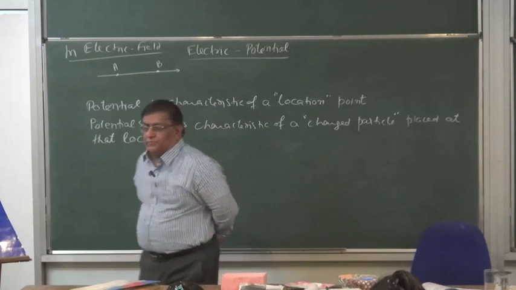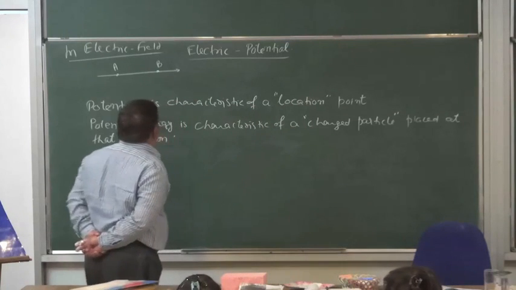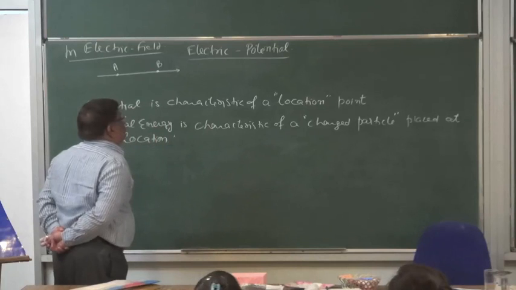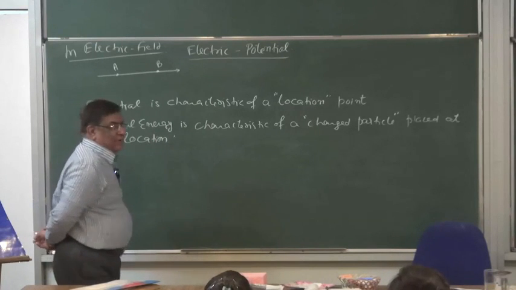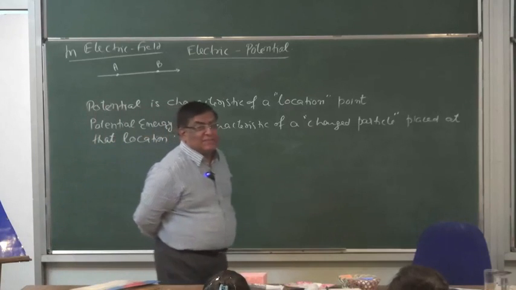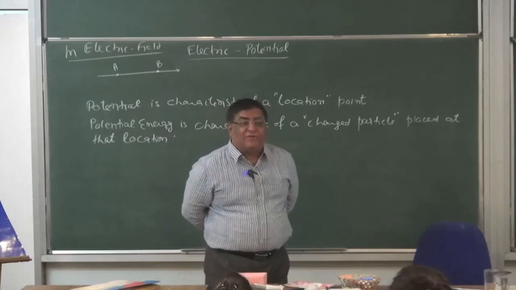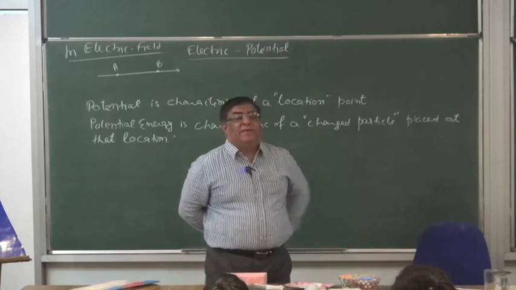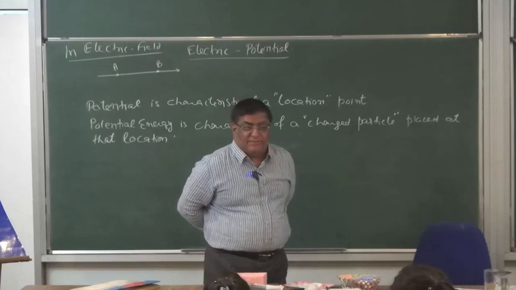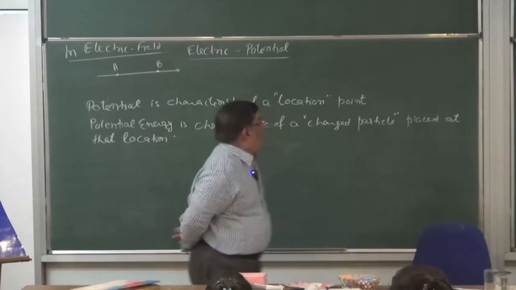Now, potential is a characteristic of a location, a point, which tells us what? That if a charged particle is placed at that location, how much will be its energy achievement. Clear?